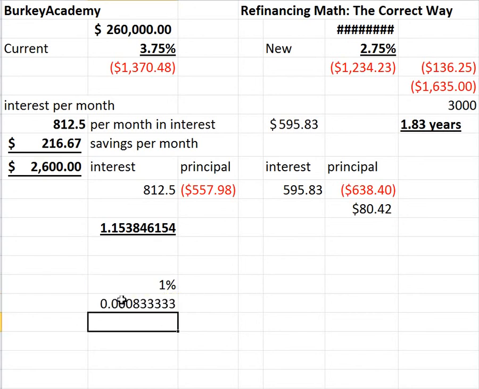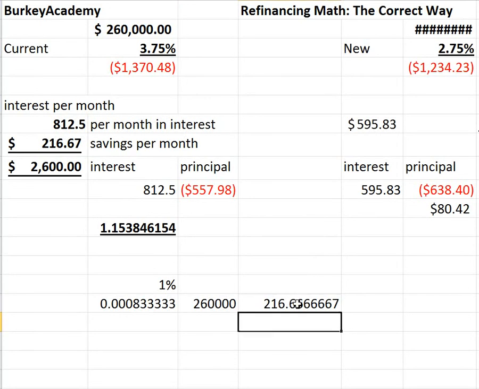That's 0.0008333, right? Take that number, multiply it times your balance, equals that times that. And what number do we get? The $216.67, right? That's how much per month. Multiply that by 12, and that's a rough idea of how much money you'll be saving per year.